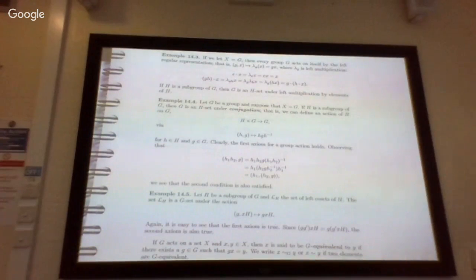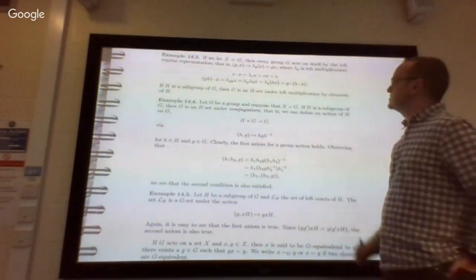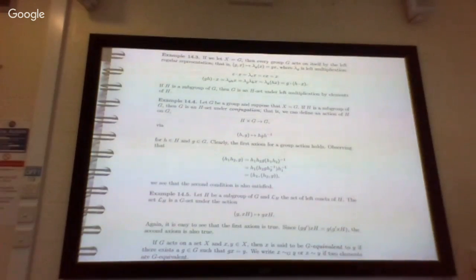So this example of a group action is again G acting on itself.